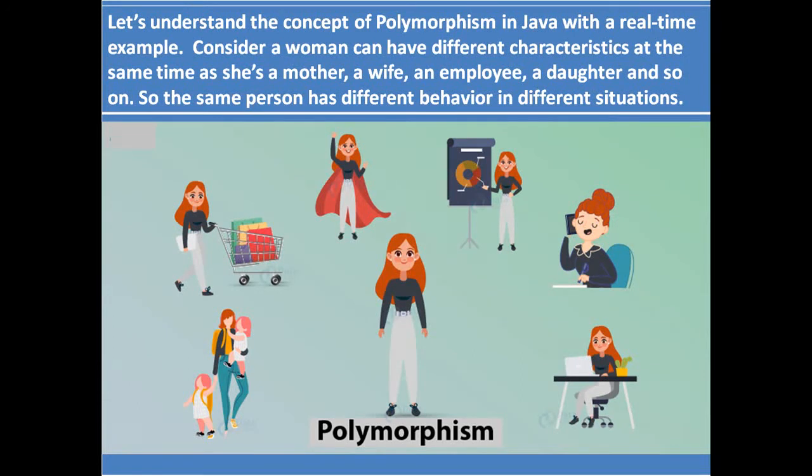So the same person has a different behavior in different situations. So a woman in this example is a polymorphic form, because if a person or one functionality is performing different behavior in different situations, that is called polymorphism.